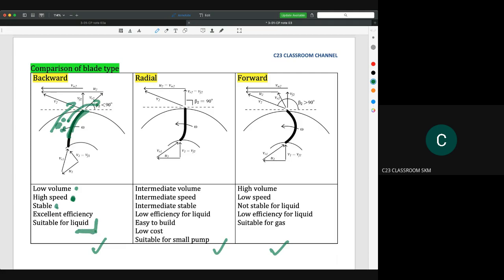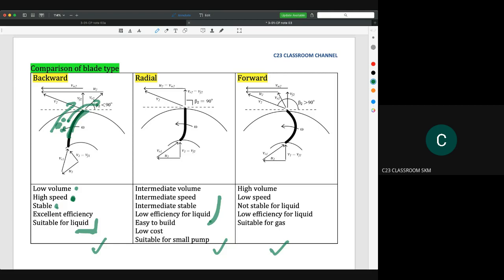Actually, you could determine whether that pump is for liquid or for gas. Okay, because we do not use a pump for solid. We only have liquid and gas. And then this is the radial. Normally the rule of thumb is that radial is the intermediate one. So it has intermediate volume, intermediate speed, intermediate stability, and so on.